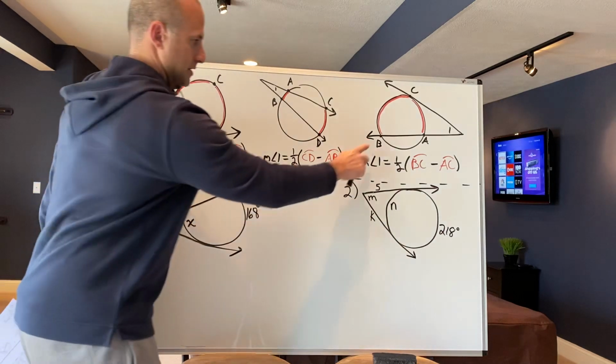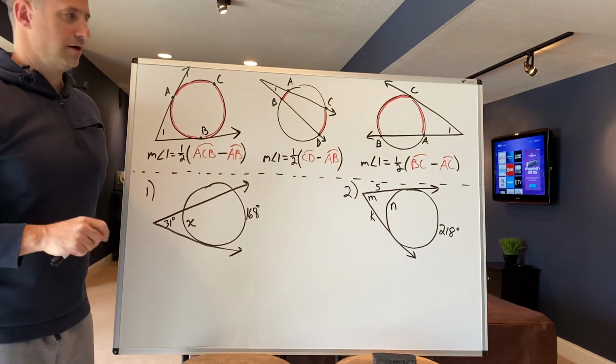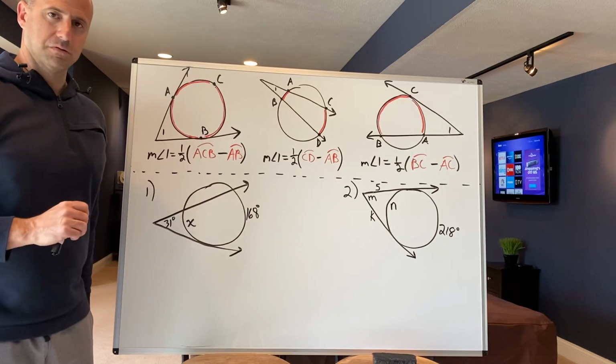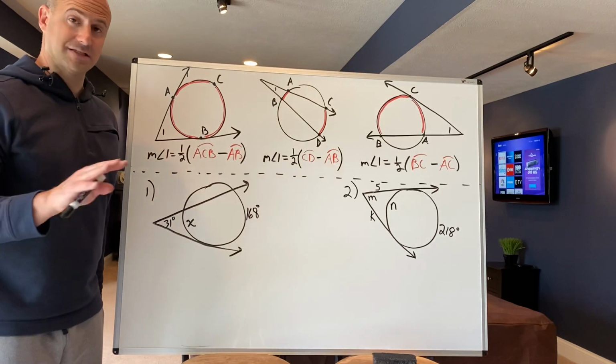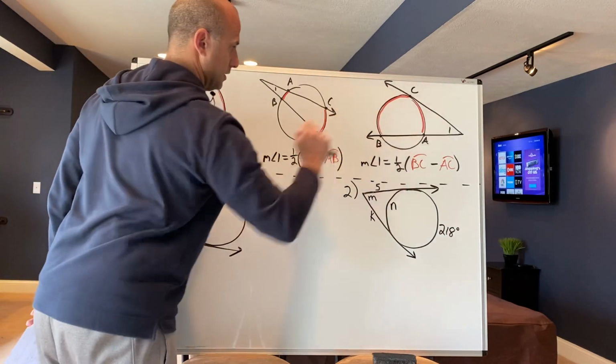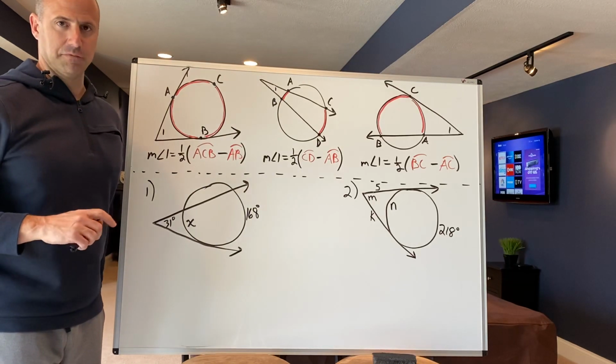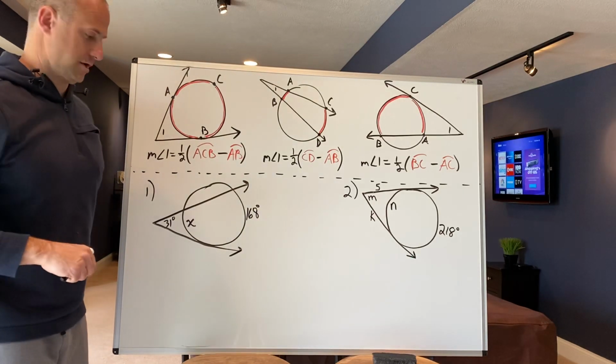Notice, this arc down here, BA, has nothing to do with the two that cut through the circle, so that's why we don't include that. That's not part of the intercepted arcs, only the two in red right here. The more of these you do, the more you'll get used to looking out for that. But let me do a couple quick examples.